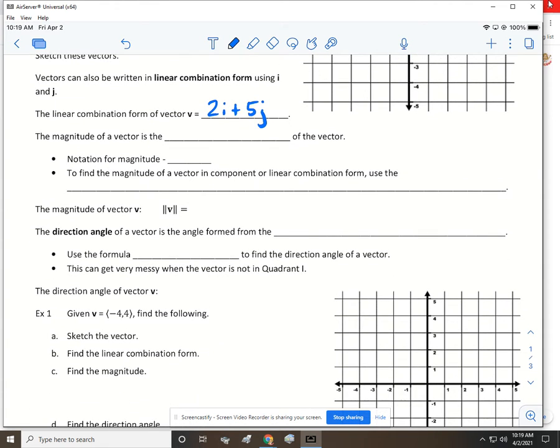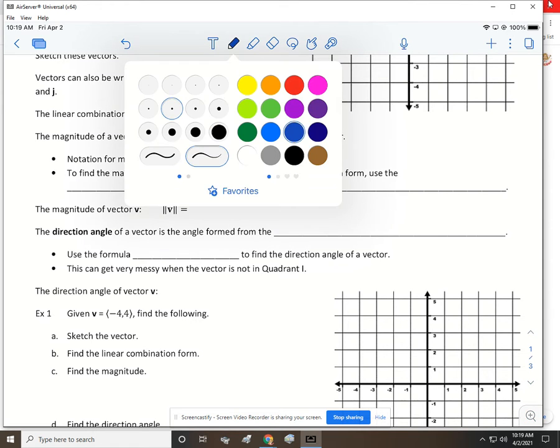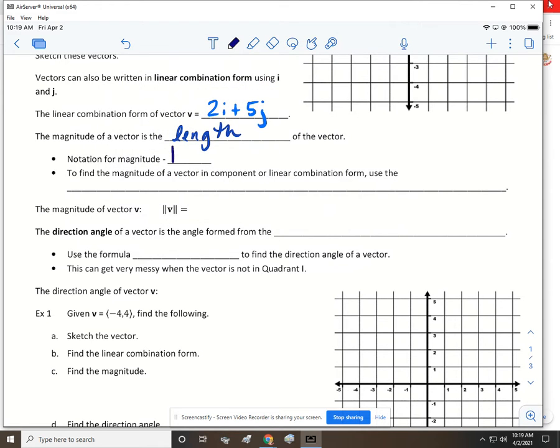All right. And then the magnitude. So remember, a vector has magnitude and direction. So let's talk about magnitude. The magnitude of a vector is the length of the vector. And the notation for magnitude can look like double absolute value.